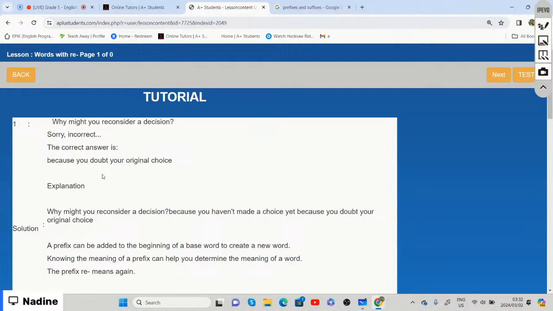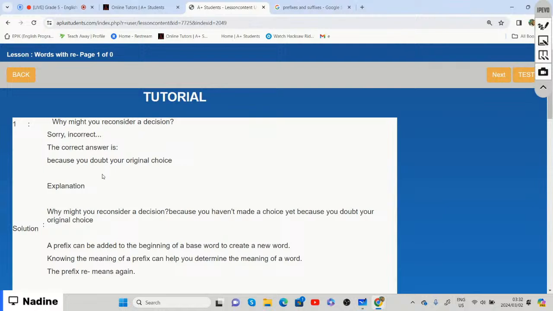So if we were to reconsider a decision, reconsider. So firstly, re means again, right? So now it says, why might you reconsider a decision?